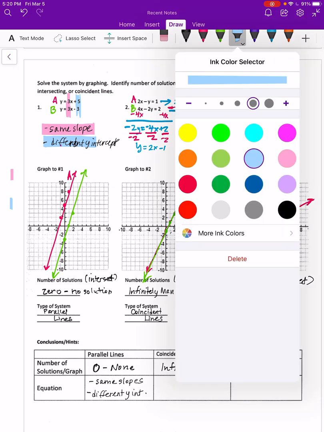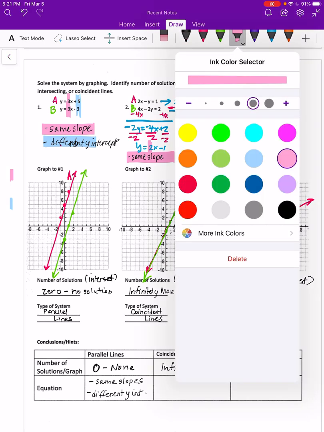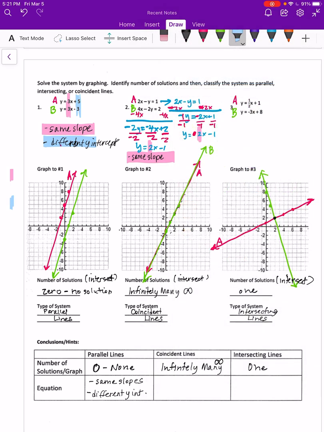Okay, so now let's go back up to this next one. If we look at the slopes, what do you notice about this slope and this slope? They have exactly the same slope. So same slope again. And then let's look at the y-intercept.